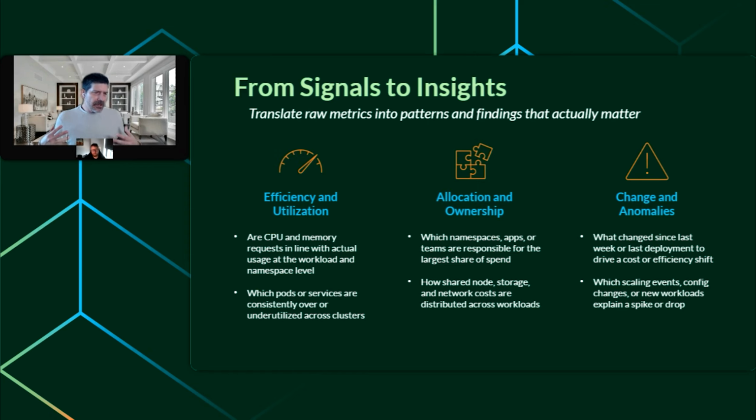The second lens that you want to look through after looking at this from an efficiency standpoint is allocation and ownership, right? Nobody is going to care about the costs that they're generating until they realize that they own it, that it is theirs, that their actions were the things that led to that cost.